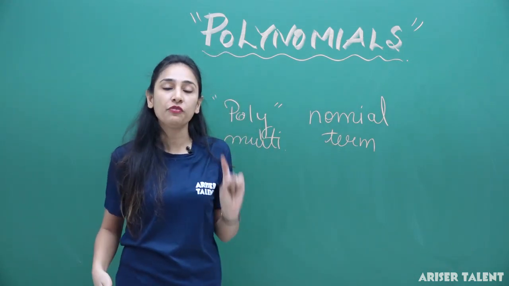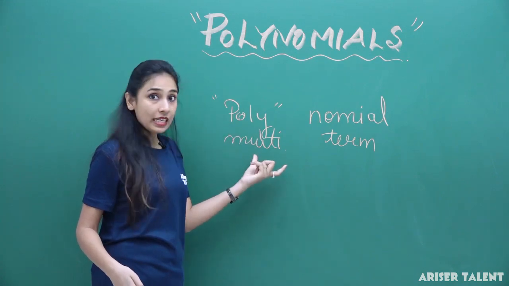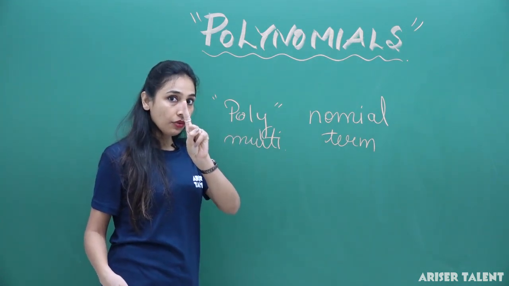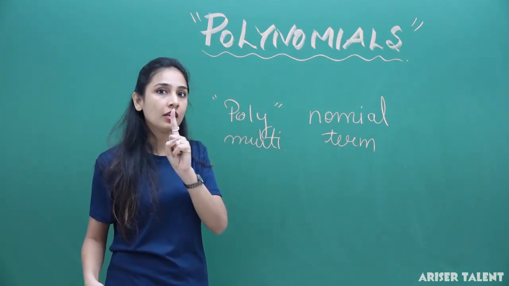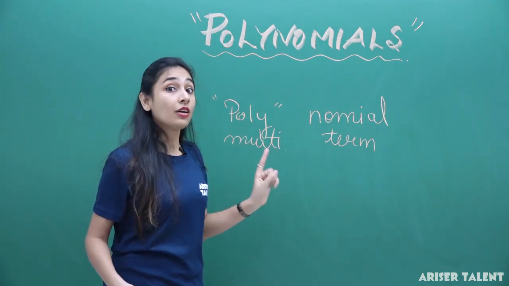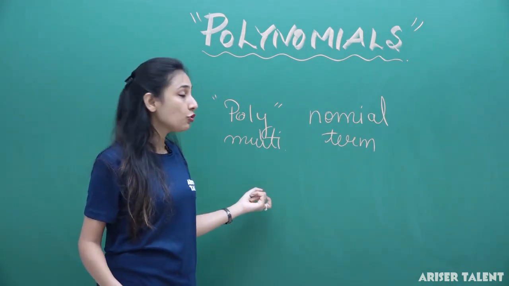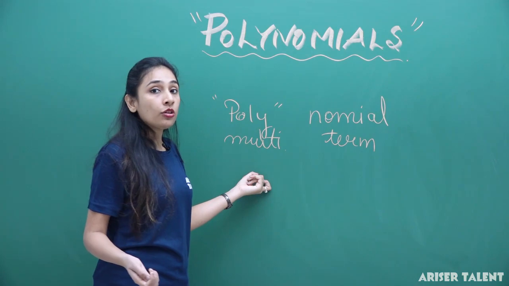Now be very specific about it student, because in one case we are going to have only one term. If you are having one term, it's going to be a polynomial. Contradicting but true. If you are having only one term, it has to be obviously a polynomial.